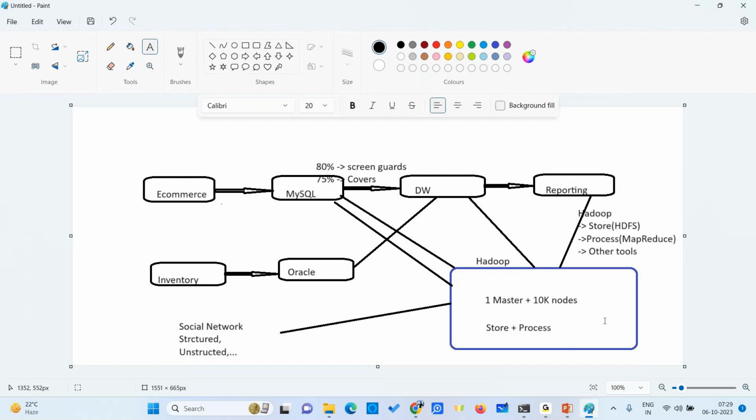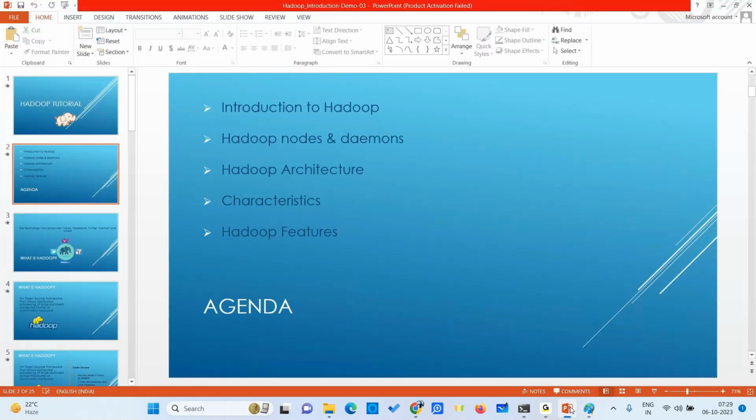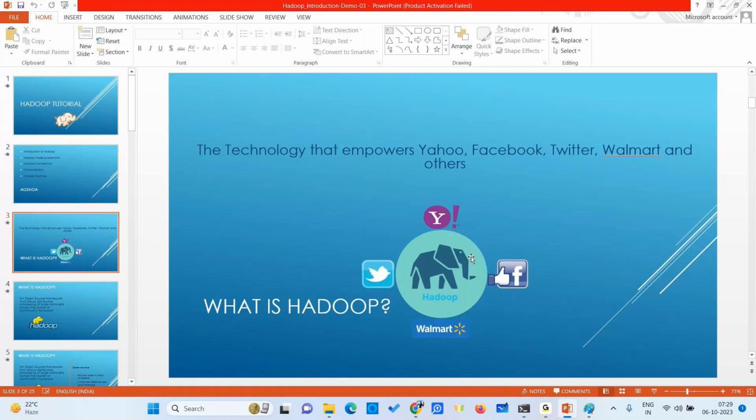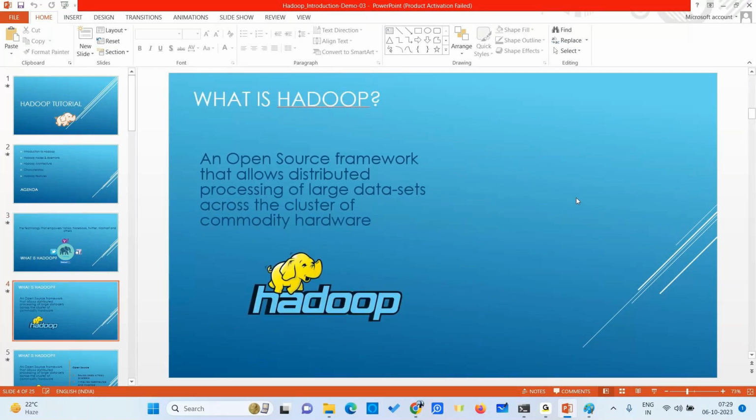Okay. Now coming to our topic, the technology that empowers Yahoo, Facebook, Twitter, Walmart, and others is this Hadoop file system. Okay, what is Hadoop? This is an open source framework that allows distributed processing of large data sets across a cluster of commodity hardware.